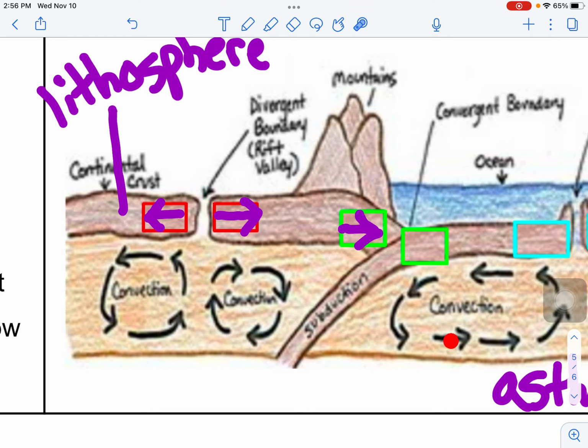Now this one over here, I see that it's rising and it's moving towards the left. So it's got this left movement. It's going to drag this piece of crust this direction, and those plates are going to collide. Those plates come together. That's called a convergent boundary. They converge or collide.